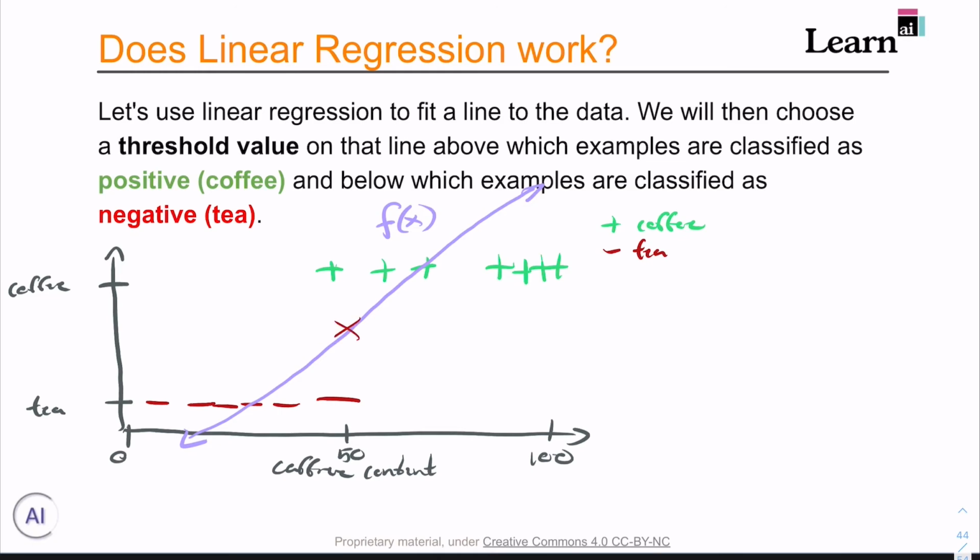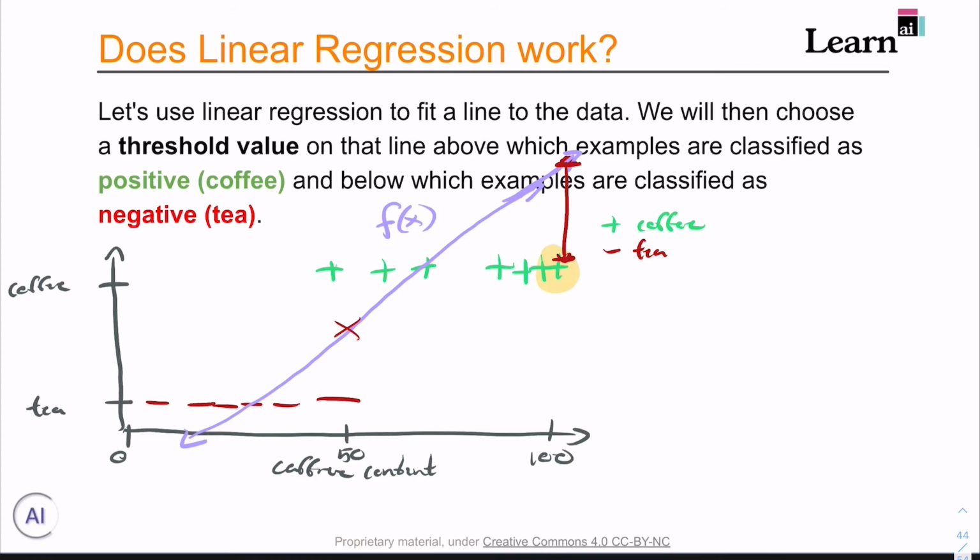Why? Well, let's zero in on this example here, right? The predicted value that f predicts is up here for it. This line continues. This is far away from this, right? So that's going to get punished.